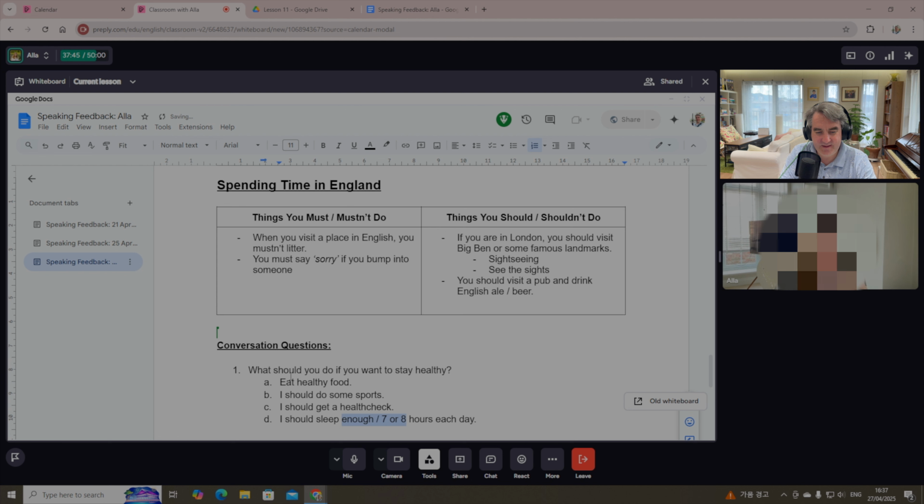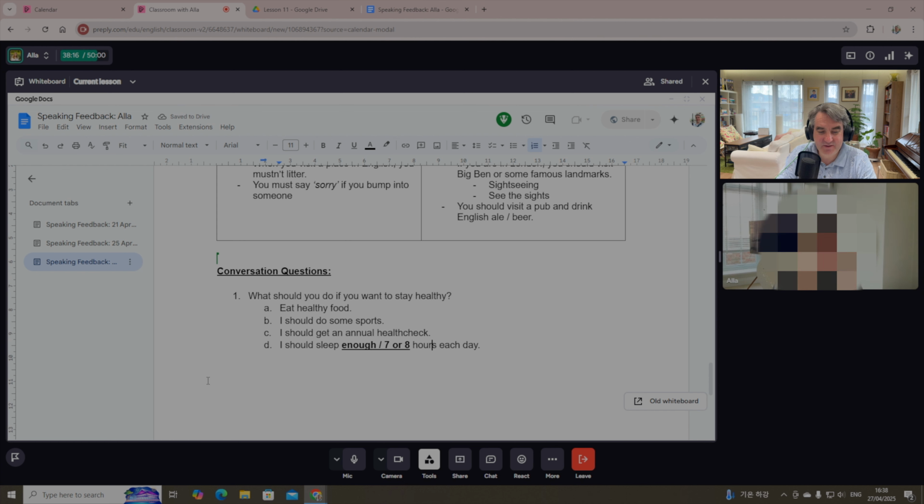Yeah, that makes sense. You could start the sentence with, if I want to stay healthy, I should eat healthy food, I should do some sports and get an annual health check.